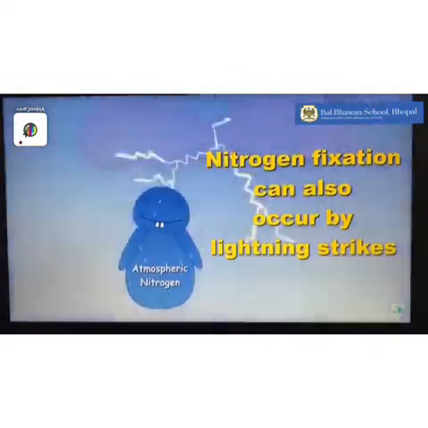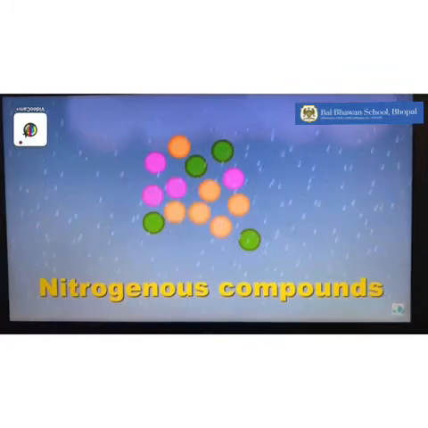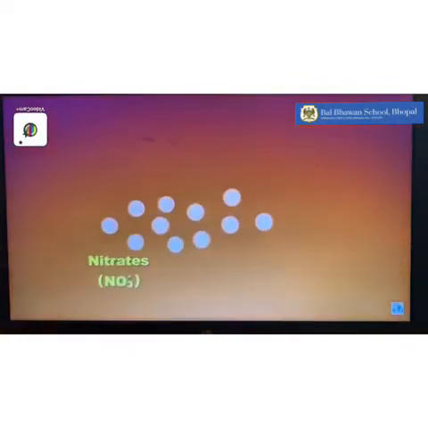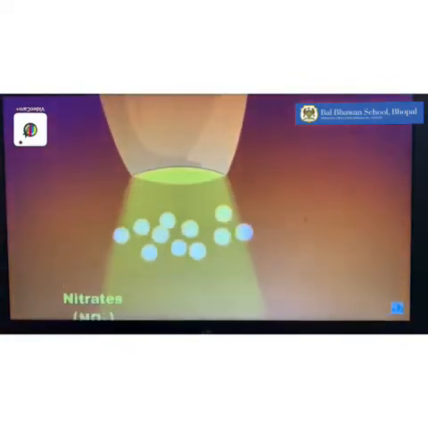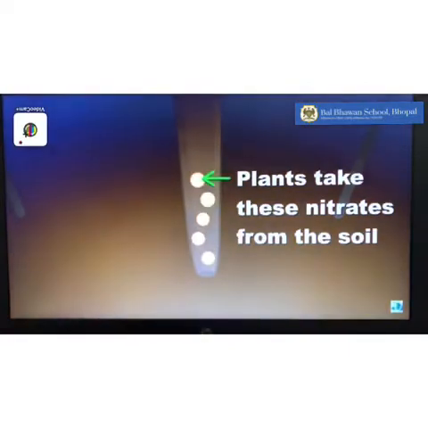Nitrogen fixation can also occur by lightning. During lightning, the nitrogen gets broken down into nitrogenous compounds like nitrates. And these nitrates will be absorbed by the roots of the plants from the soil.